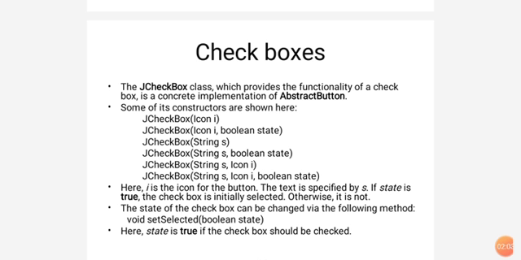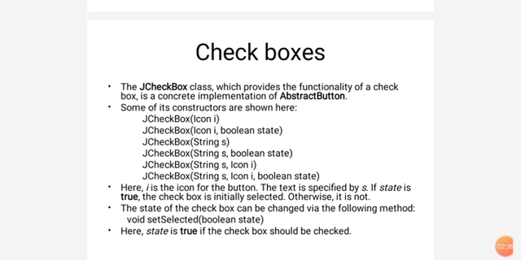The next type of constructor is String s and Icon. Here we are specifying text as well as the image. Images we select from the database through the particular path for that image. Like if the image is stored in the D drive, in a folder named picture, then we will give the particular path D colon slash picture.